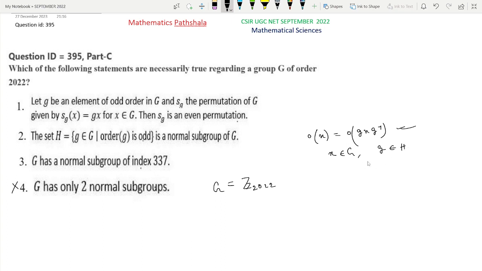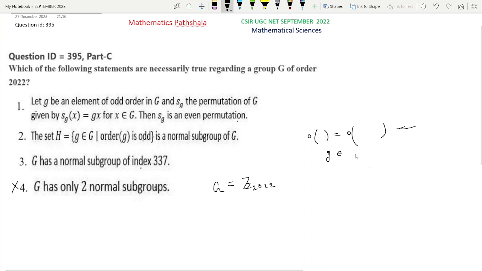Now we have to prove that... okay, let us use the notation with the help of this. It will be confusing if we choose x from this and this. Let me write this changing some notation, then it will not be confusing.